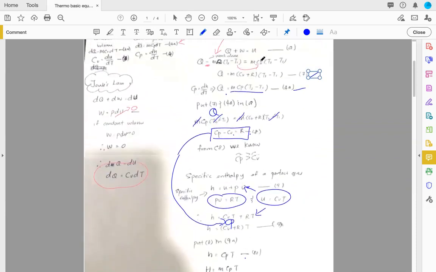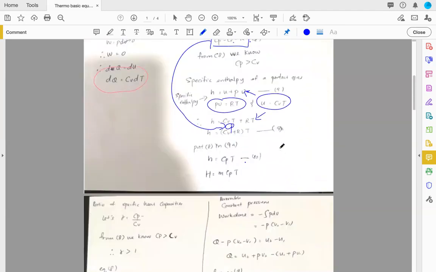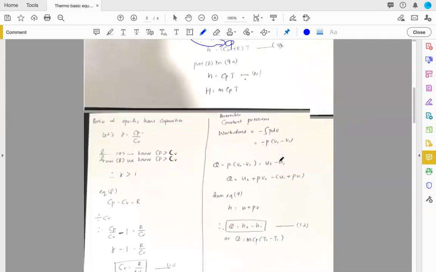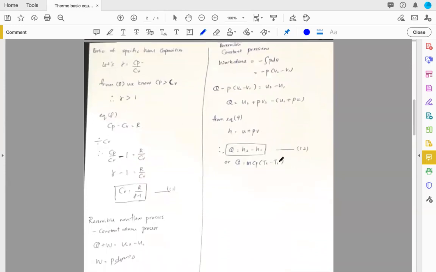Why I want to explain all this to you: quite a lot of you mentioned that you are confused about the equation, you don't understand the equation. Rather than memorizing the equation, I think it's easier for you to understand the basics first, and then go to a bit more advanced. Okay, the next is the ratio of the specific heat capacity.